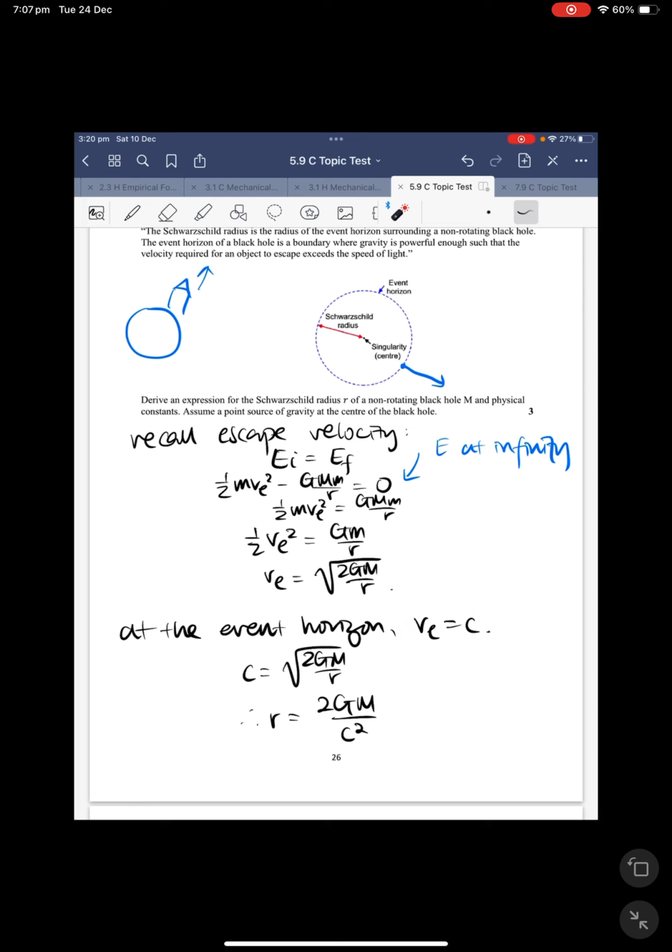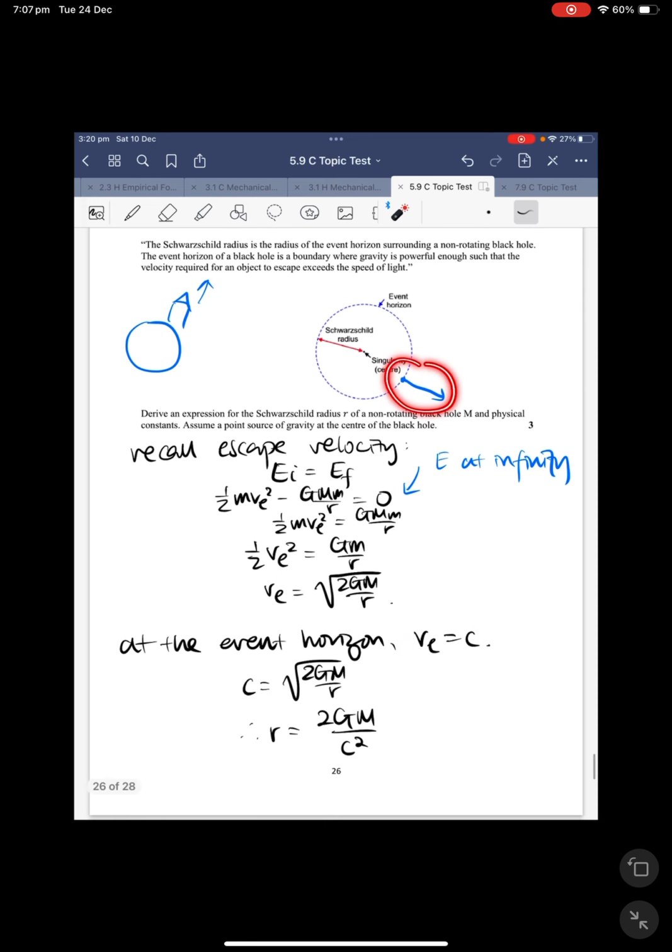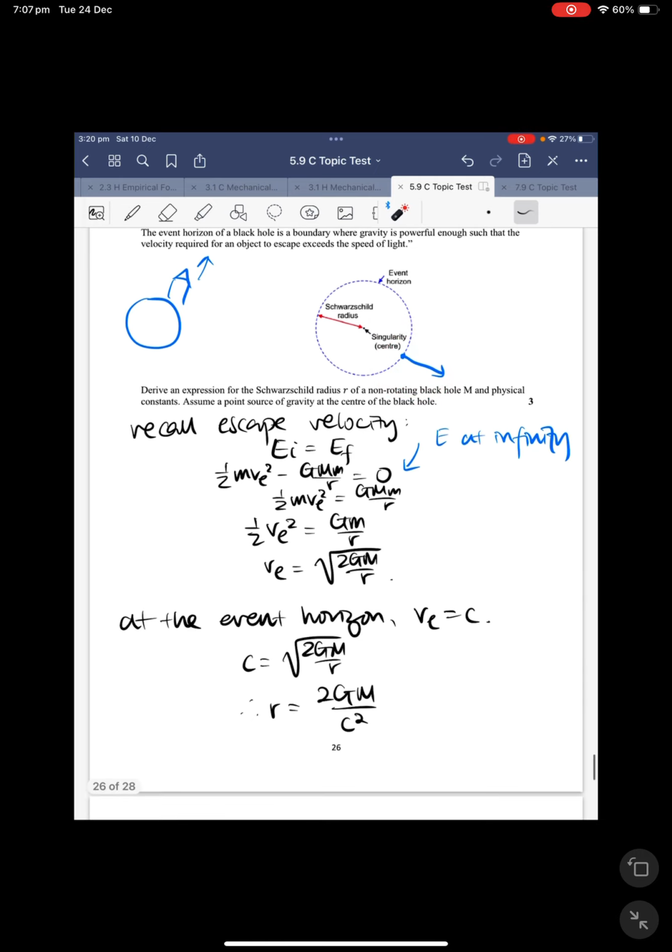So at the event horizon, the escape velocity is equal to c, because past that, the escape velocity would be greater than c, which is not physically possible. So that means c equals root 2GM on r, and we can rearrange that expression to find that r equals 2GM on c squared.